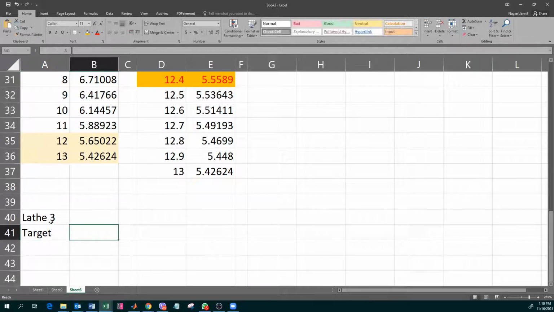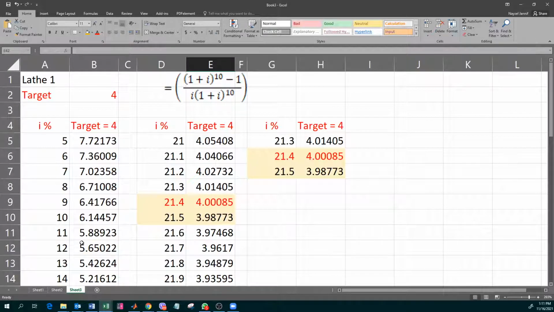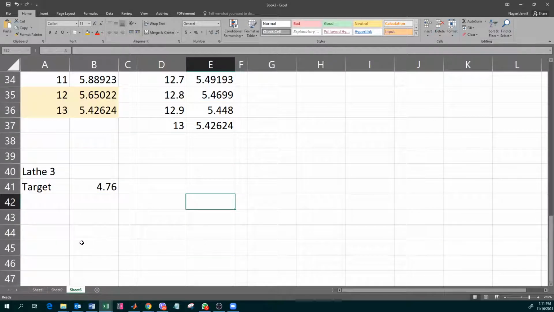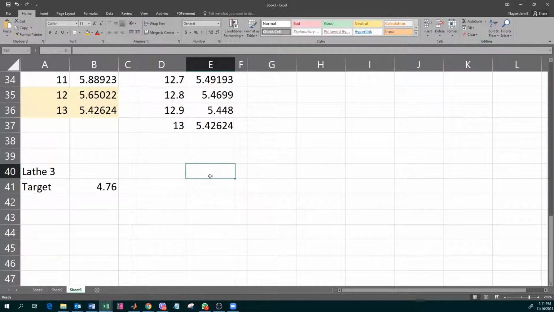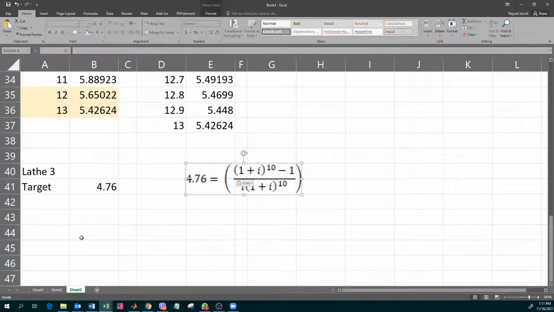Our target is 4.76, and let's look at our formula. That's our formula. So we have our I here, your possible I star, and we have your target here.